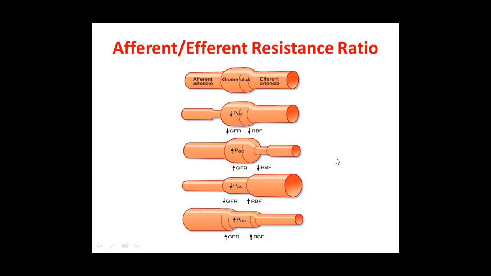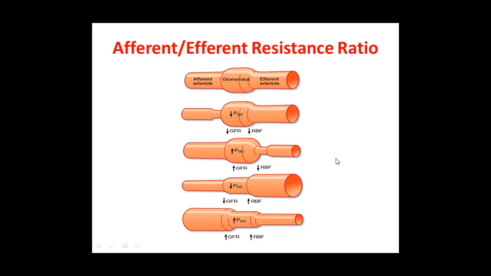In another situation, if there is afferent arteriolar vasodilatation but efferent arteriolar vasoconstriction, what will happen? The hydrostatic pressure of the glomerular capillary will rise. Similarly, the GFR will rise, and RBF will also rise, because although there is peripheral constriction, as there is afferent arteriolar dilatation, a large amount of flow will be there, and large flow will offset this resistance and increase the flow.